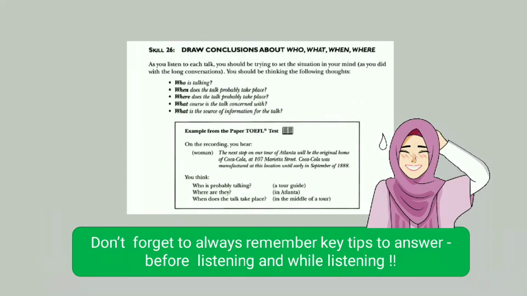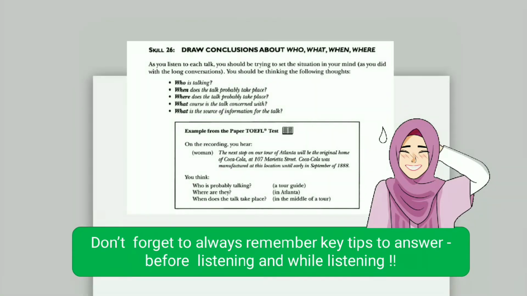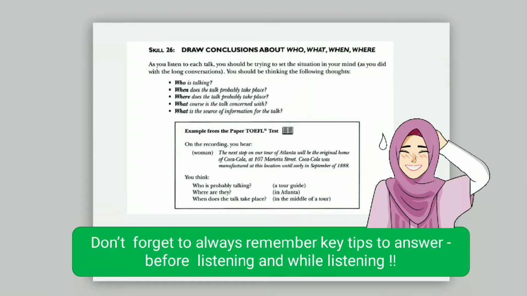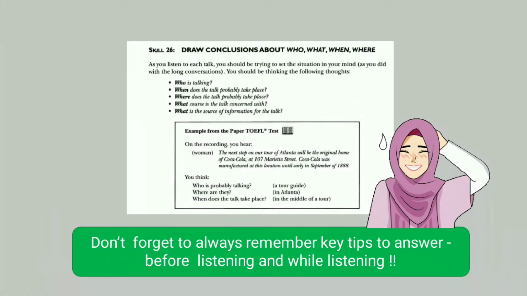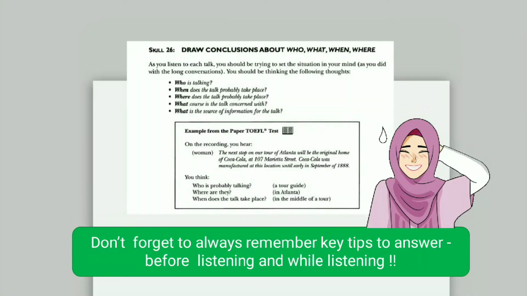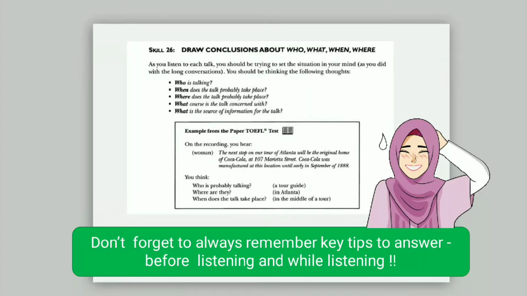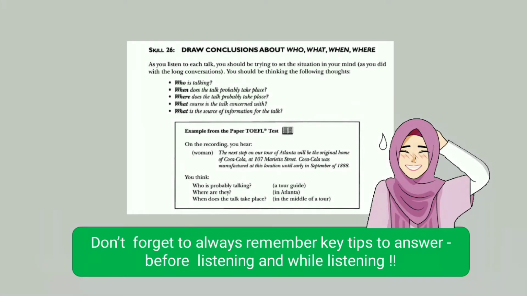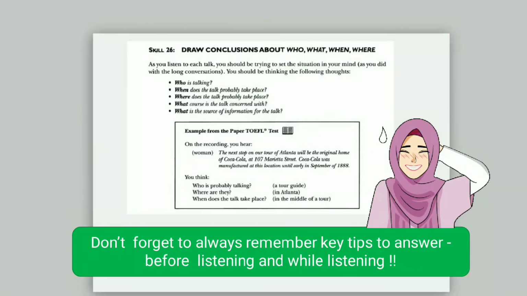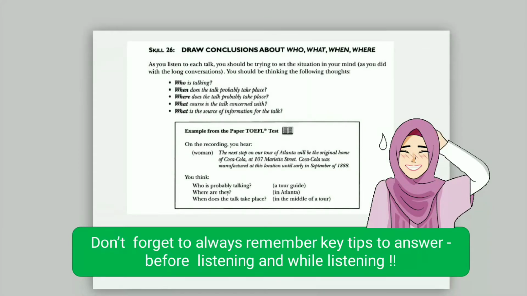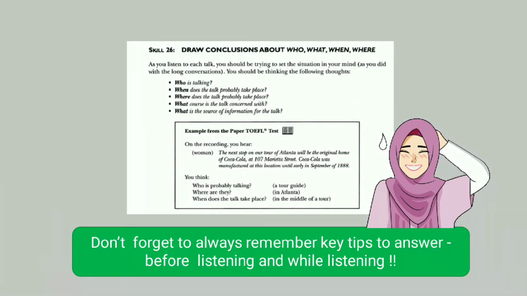who is talking. The answer to that question is a tour guide. Why? Because in the sentence you can read, the next stop on our tour. This is like what a tour guide says, and you can think again what the question is like. Where are they?